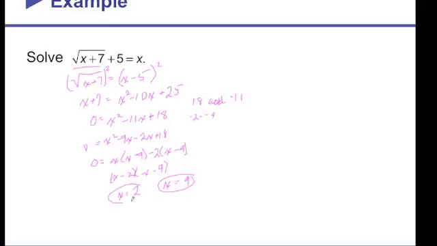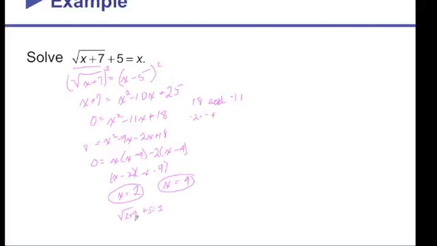But don't forget the bottom thing. You've got to check the solutions. So going up to the top, it will be the square root of 2 plus 7, then add 5 to that, and it needs to equal 2. Well, the square root of 9 is plus or minus 3, and when we're doing this, we're going to take just the positive.